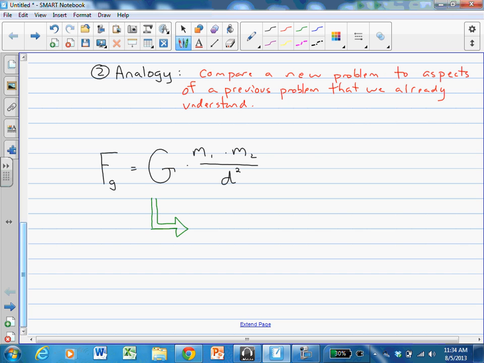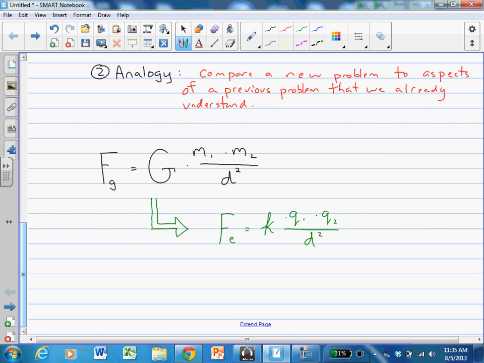The same thing happens with the electrical force, which is Fe, and that is constant K times the charge of one item times the charge of the second item divided by the distance between them squared. Again, it's an inverse squared relationship. And we'll also look at this. We're going to do a demo shortly involving light intensity that also follows an inverse squared relationship.